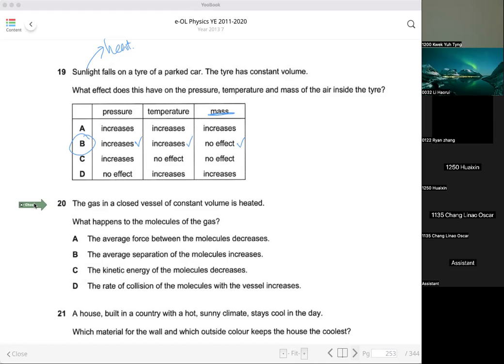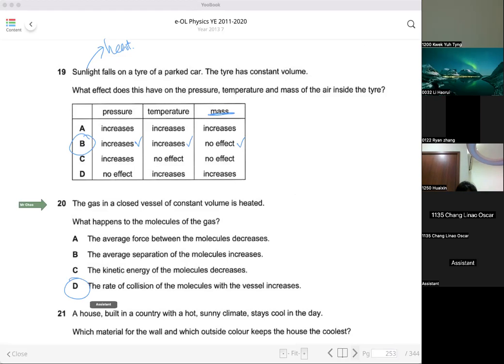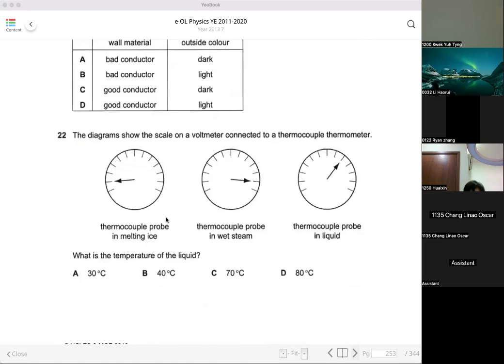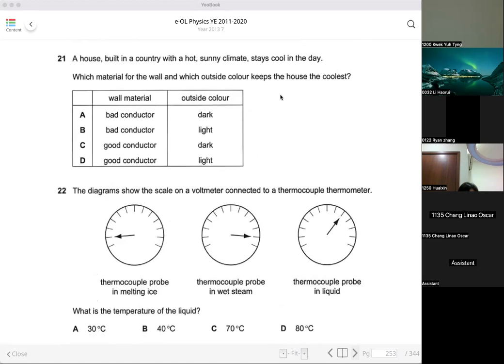Okay, where is Ryan and Huai Xing? Huai Xing, very good. Okay, Ryan, where is your answer? Okay, everybody got this correct. Answer is D. Hey, do you find this year the 2013 paper is so easy? It's different from other years, right? Okay, question number 21, you all may begin.